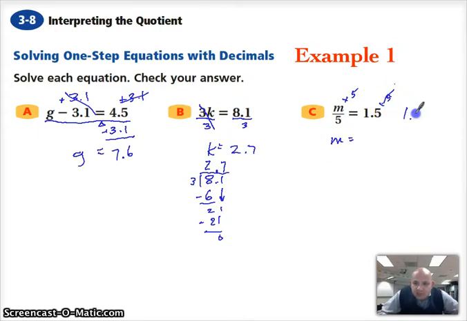I'm going to, off to the side, go ahead and show my work. Now I'm going to treat them as if they were whole numbers, so I'm going to treat this as if it was a 15 times a 5. I don't need to line up decimal points when I multiply. 5 times 5 is 25. 5 times 1 is 5, plus 2 is 75. Now I go back to the problem and I count decimals, place values to the right of the decimal point.